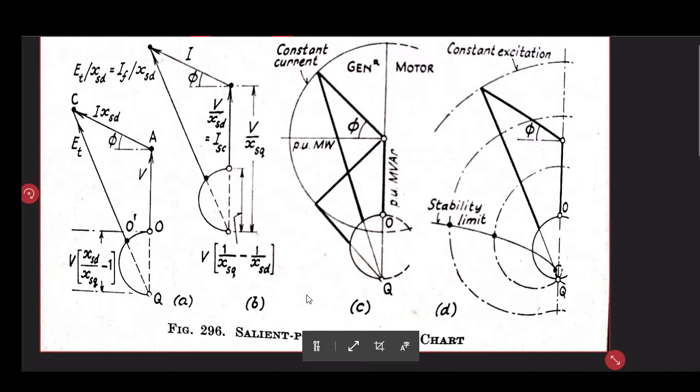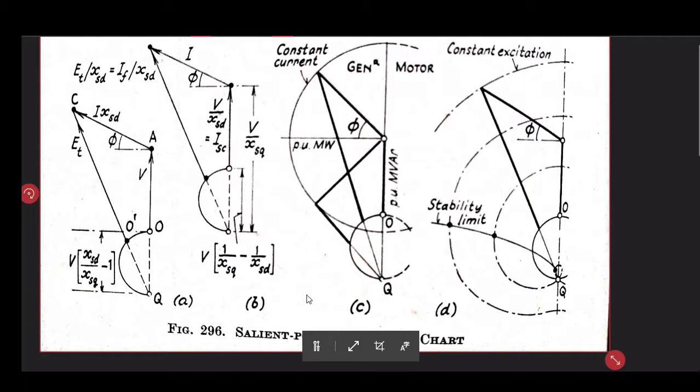If we consider the excitation corresponding to full load current at a leading power factor, then at low leading power factor the excitation will have to be reversed.